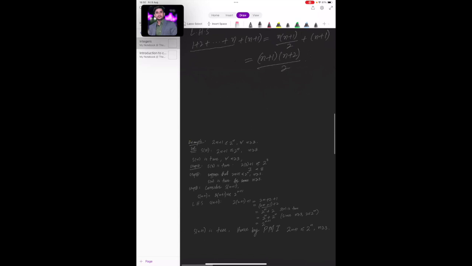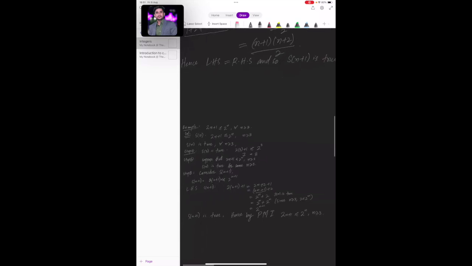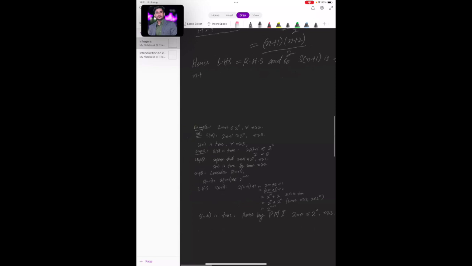Hence, left-hand side is equal to right-hand side, and so S of n plus 1 is true. This shows n plus 1 also lies inside the set S.